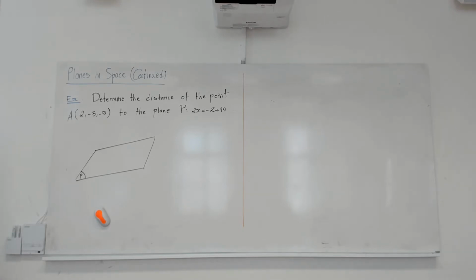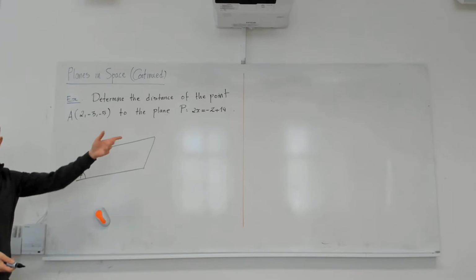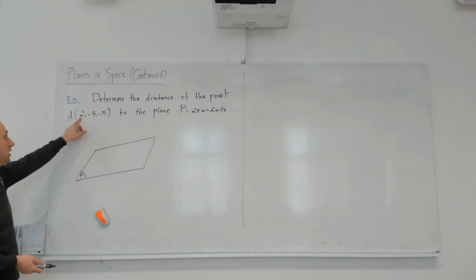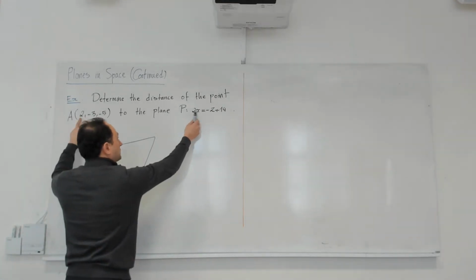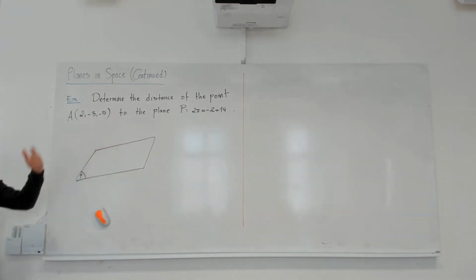Do you think that this point lies on this plane? Yes or no? No, because if it is supposed to be on the plane, the coordinates should satisfy the equation, but it does not. 2 times x is 4. On the right hand side, I will have 19. They are not the same, so this is somewhere else.